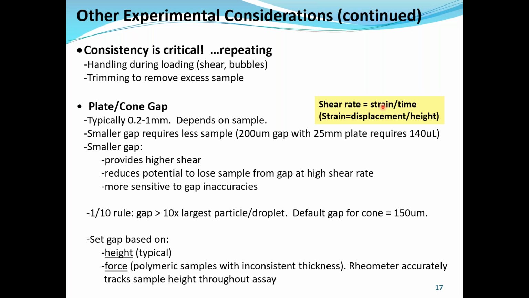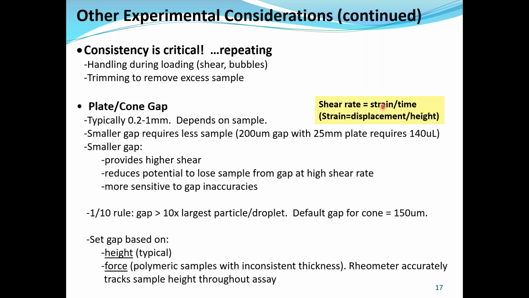We also need to be mindful though that a smaller gap is more sensitive to the gap accuracy. If we have a gap accuracy of just 2 microns, that's 1% of a 0.2 millimeter gap, versus a much smaller percentage error for a 1 millimeter gap. There's also the 1/10 rule, where the gap should be at least 10 times that of the largest particle or droplet size.